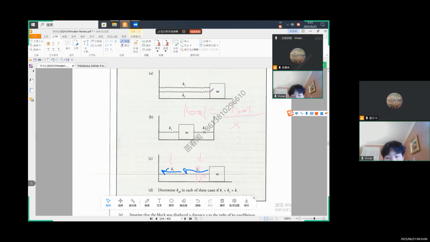So F total equals negative K1x minus K2x.